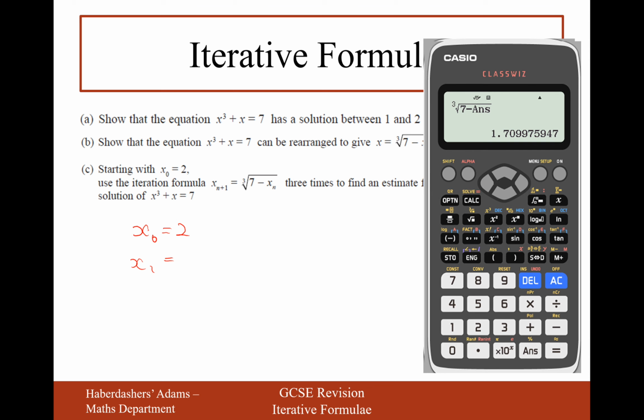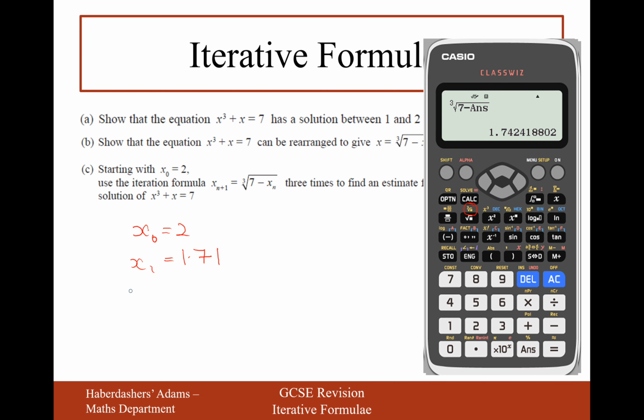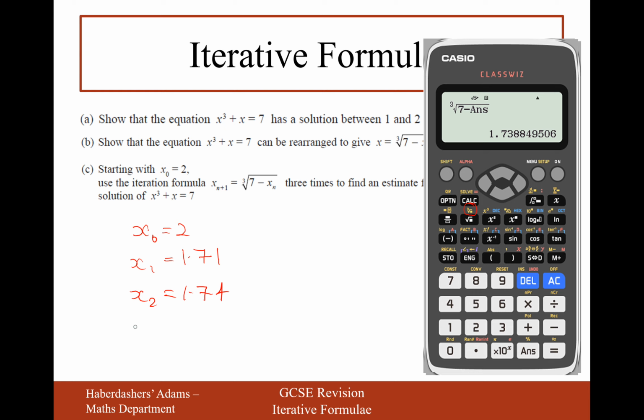To get to the cube root, you're going to have to press shift and then square root to get this symbol up here, which is the cube root of 7 minus answer, and answer is representing our x number from before. So the first x number was 2, the second x number is going to be 1.71, the next x number, remember we need to do this 3 times, so we need one more after this one, is going to be 1.74 again.